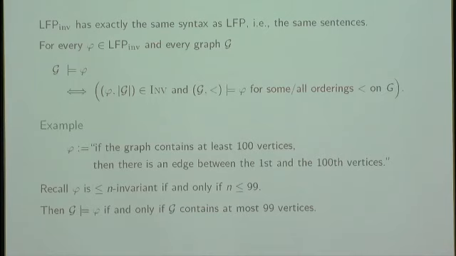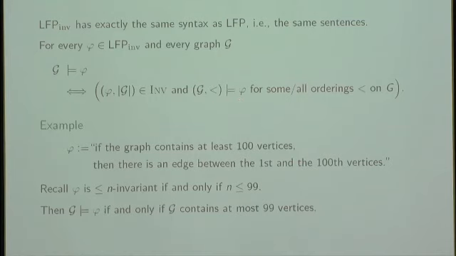So LFP invariant has exactly the same syntax as LFP, so they have the same sentences. And the semantics is a bit different. So we are given a graph G. We want to decide whether G is a model of phi. In this LFP invariant logic, this is equivalent to saying that G together with the size of the graph is in this invariant relation, namely, it says that phi is less or equal to the size of G invariant, and together with the condition that G together with an ordering, so this is an ordered version of G, is a model of phi.